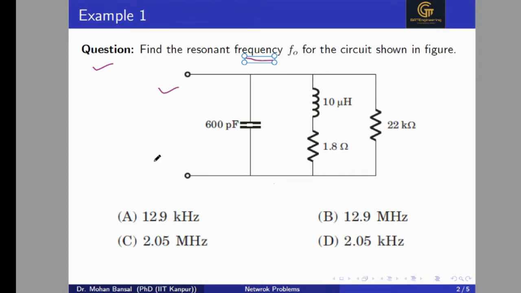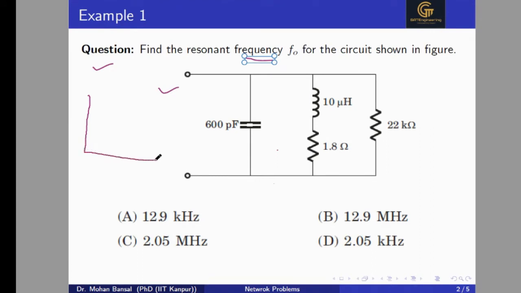First we understand what the resonant frequency is. We can compute the resonant frequency from the impedance or admittance. It's up to you. If you are comfortable finding the impedance of this circuit, you find the impedance. If you are comfortable finding the admittance of this circuit, you find the admittance. So what is the main thing?